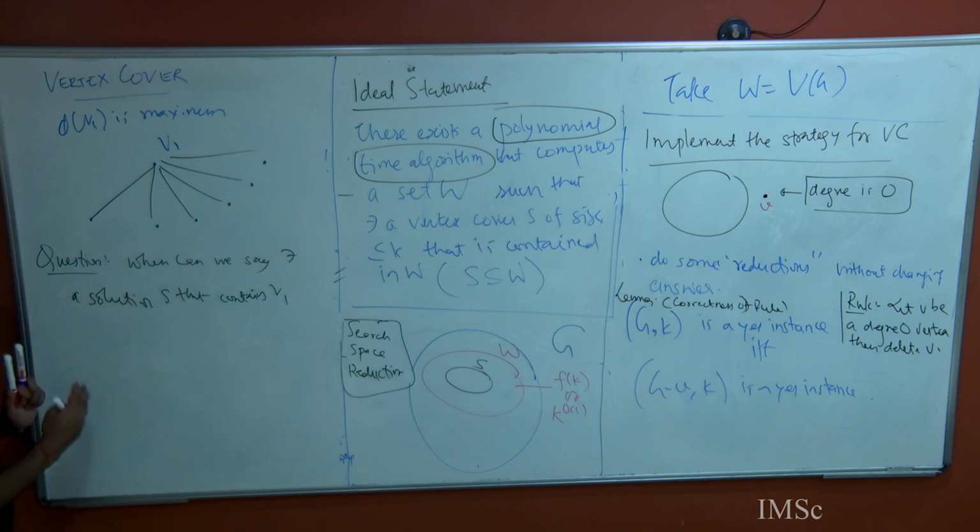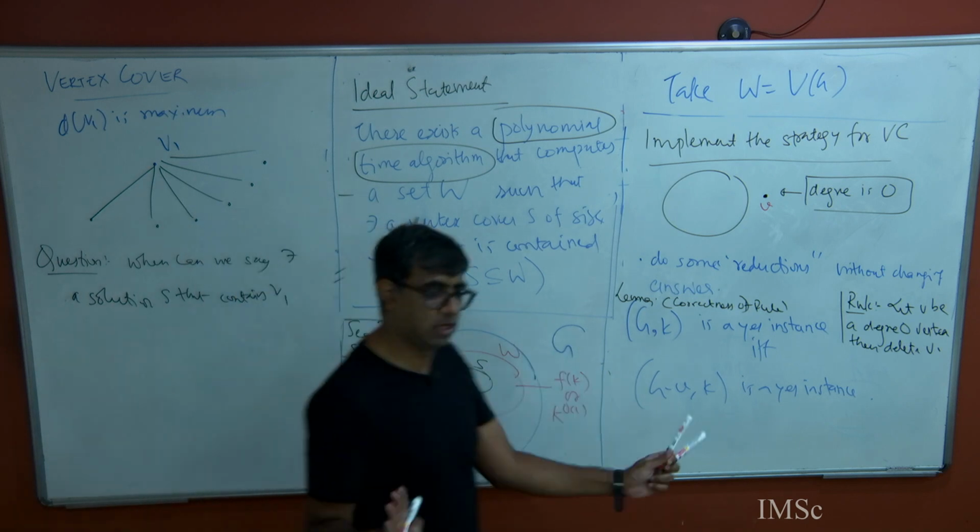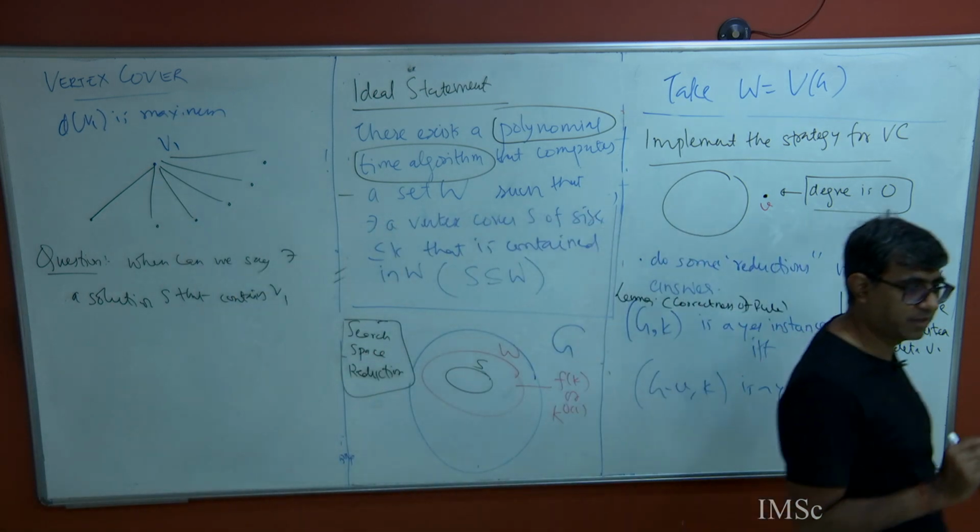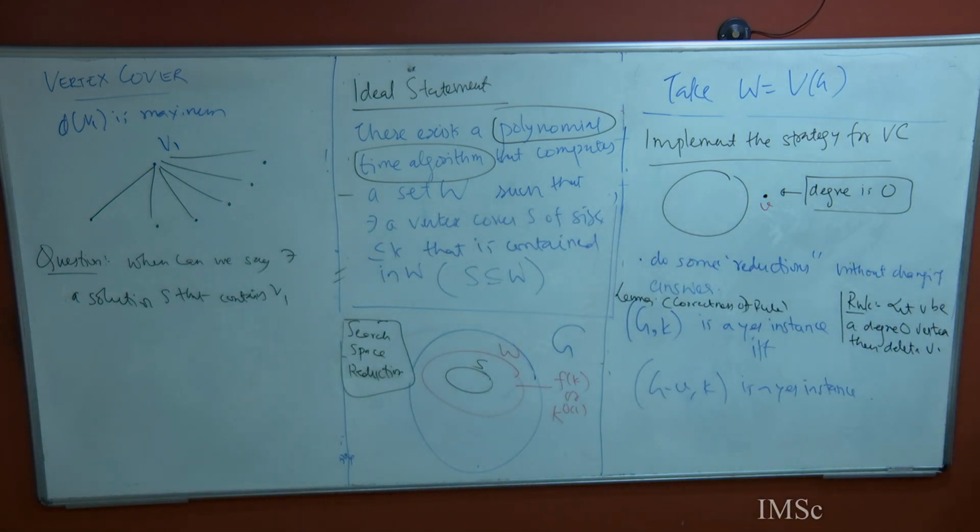Can you come up with a sufficient condition on V1? We know the highest degree vertex is not necessarily part of an optimum solution. When can I say that the highest degree vertex belongs to my optimum solution?